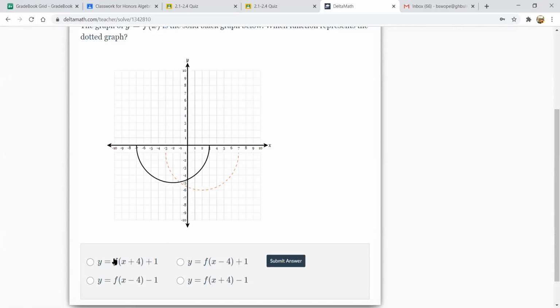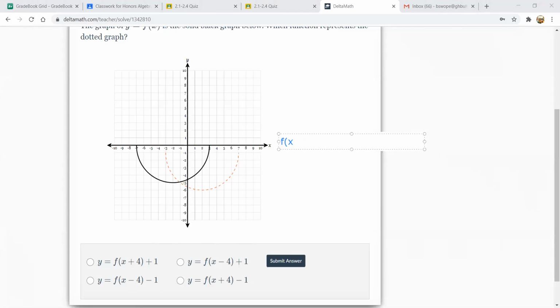So I want to figure out which one of these equations means go to the right 4 and go down 1. If you look at your rule sheet, remember, a plus or minus h in parentheses is what moves it to the left or right.